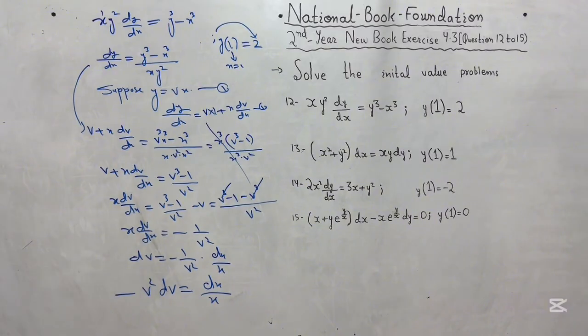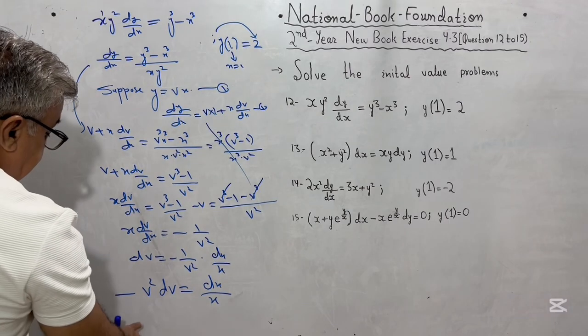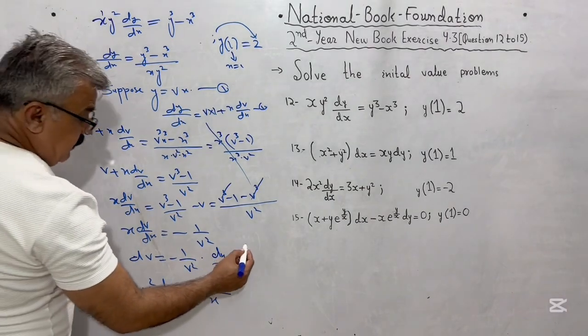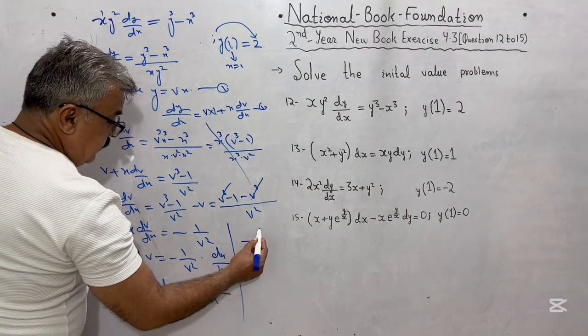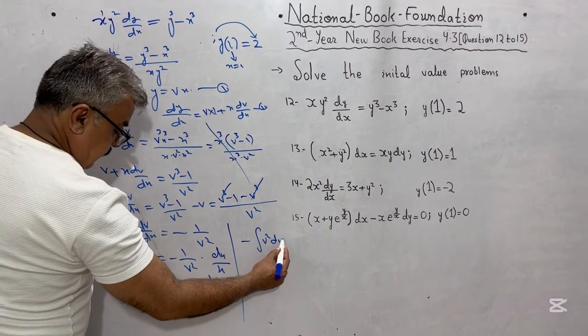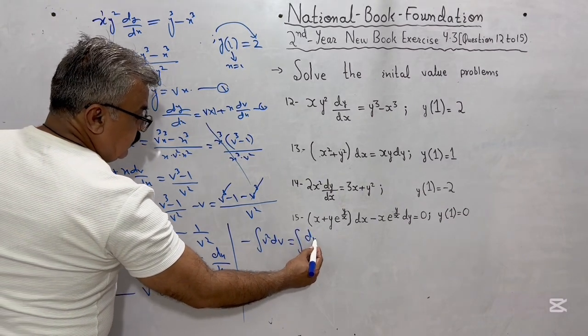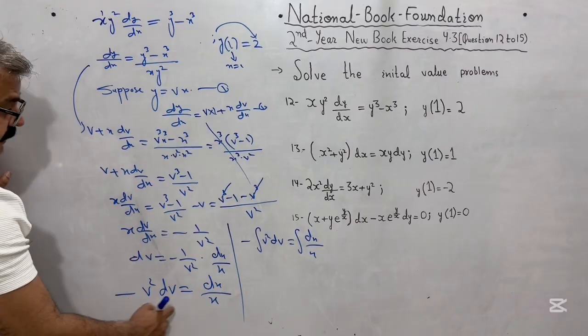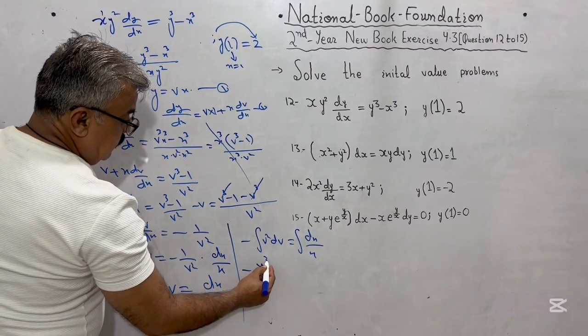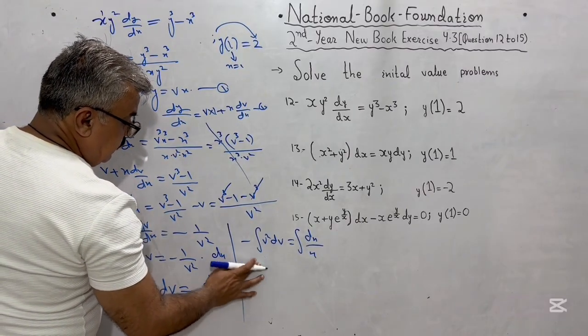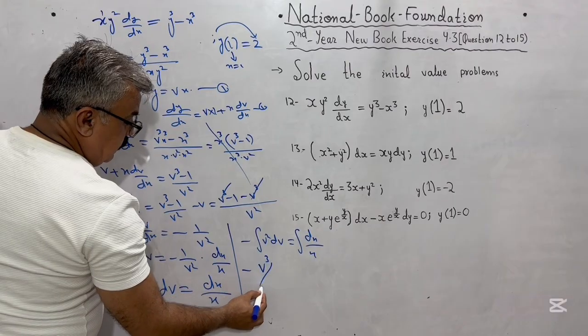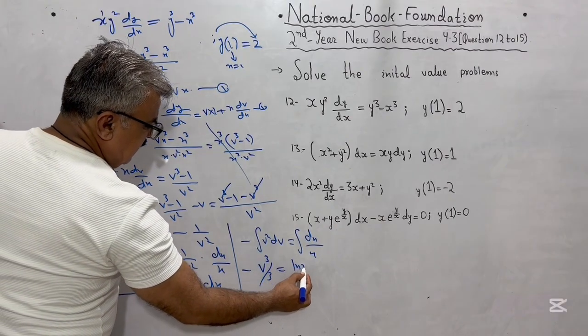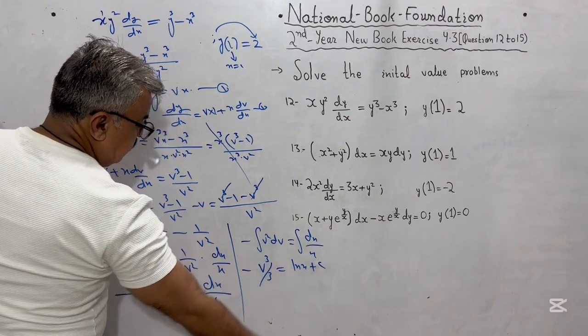Let me check what sort of frame I have been left with. Integrating with respect to their independent variables: minus v square dv equals dx over x. Its integration is given by adding 1 to the power, v cube over 3, equals ln x plus c.